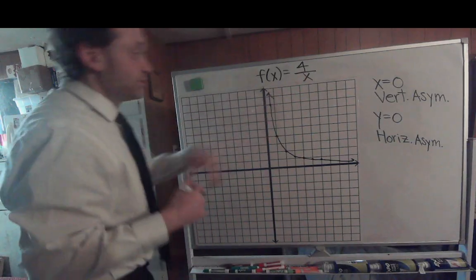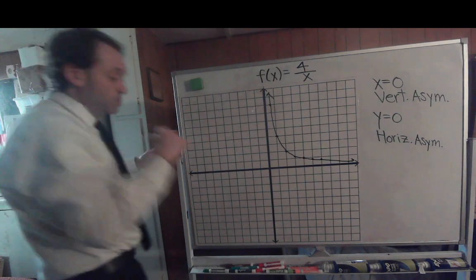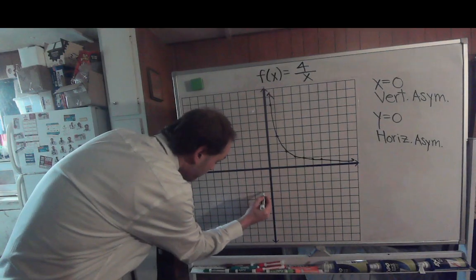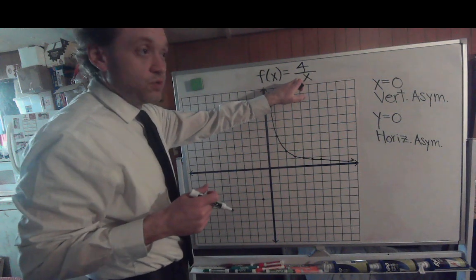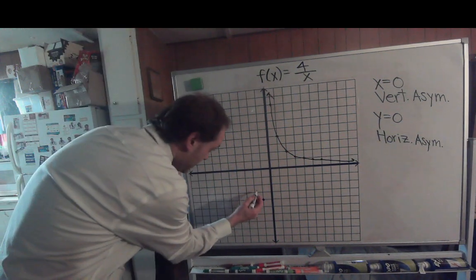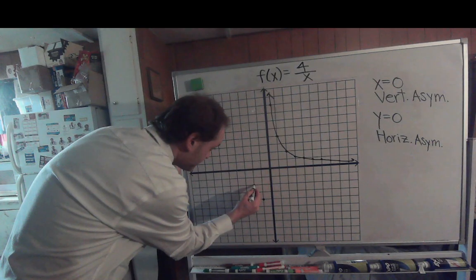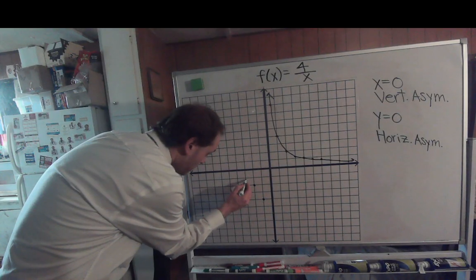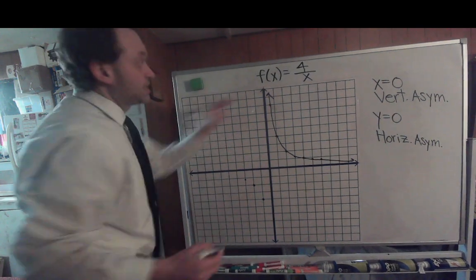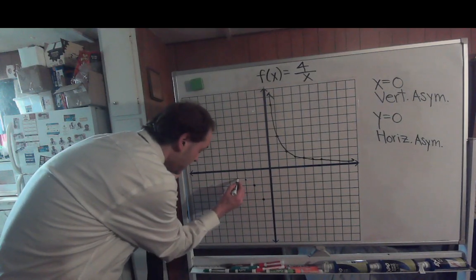So when x equals -1, you would get, of course, -4 for your y value. Now, what about when x equals -2? That would give you a y value of -2. What about when x equals -3? That would give you -1 1/3. X equals -4, that would give you -1.